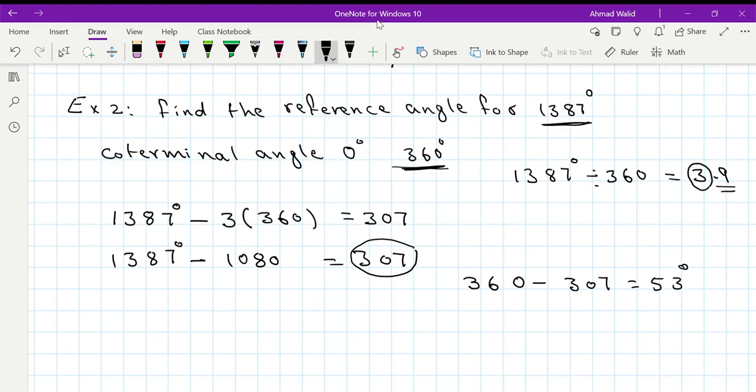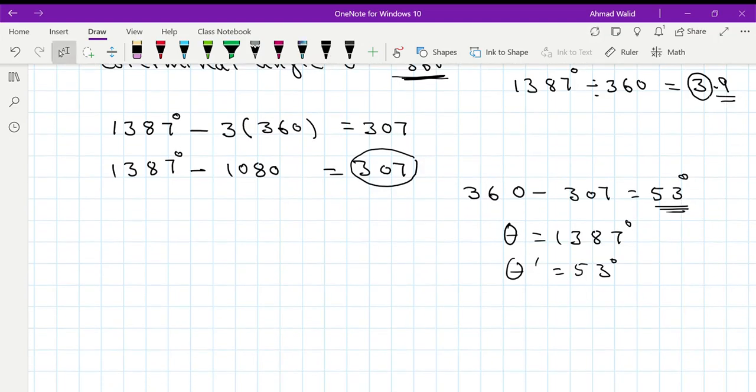This 53 degrees is actually the reference angle to 1387 degrees. It means if your theta is 1387 degrees, your theta prime is 53 degrees. I know it looks crazy right now why I subtract, but soon I'll give you rules.